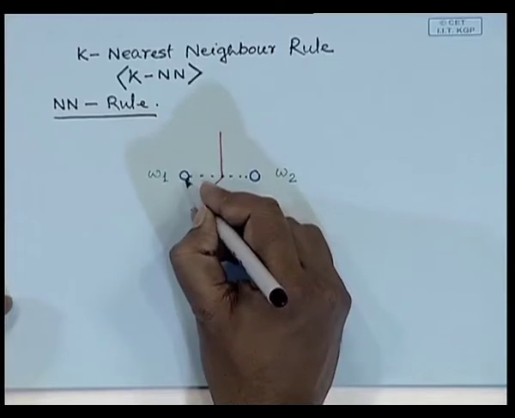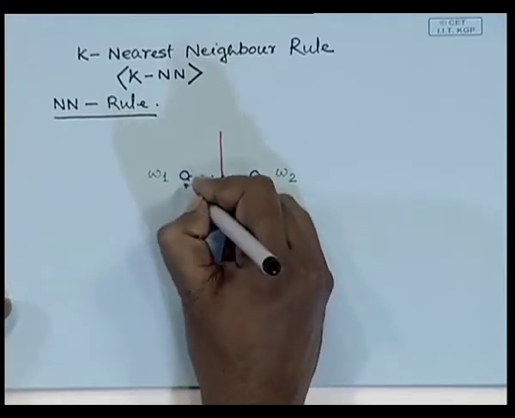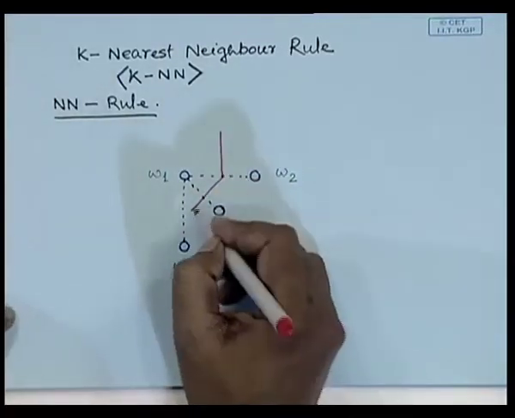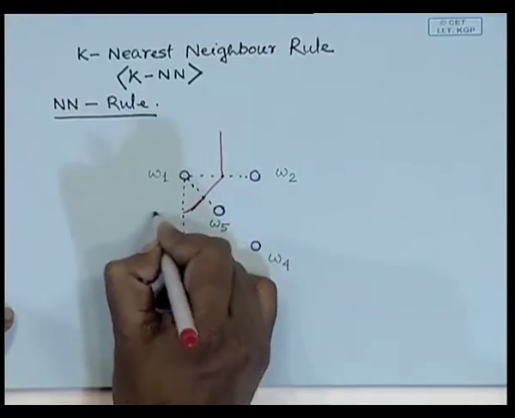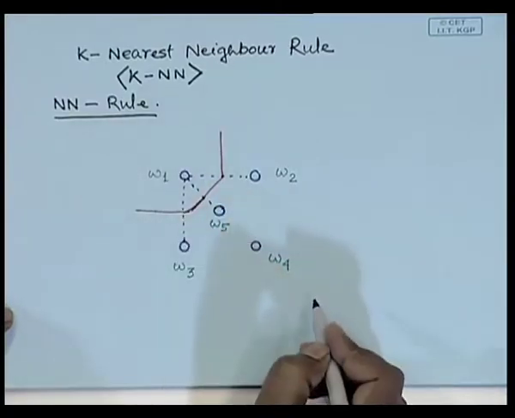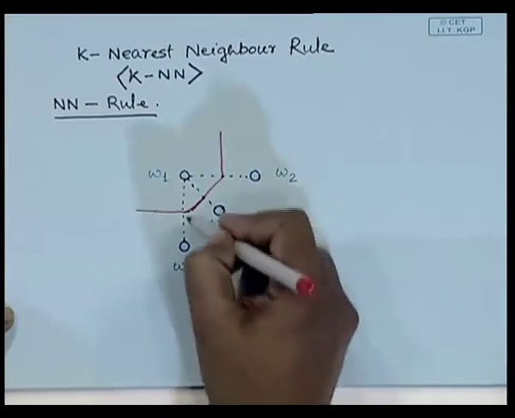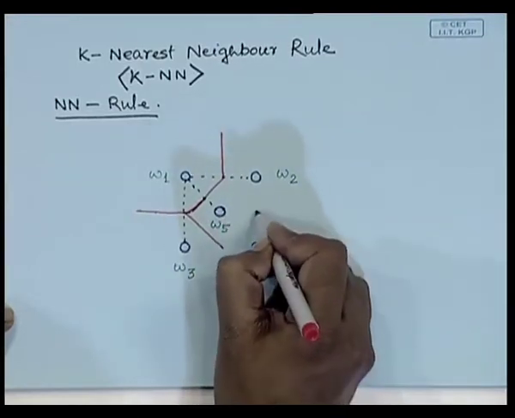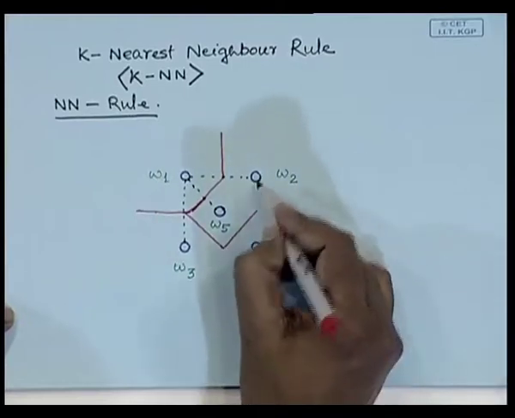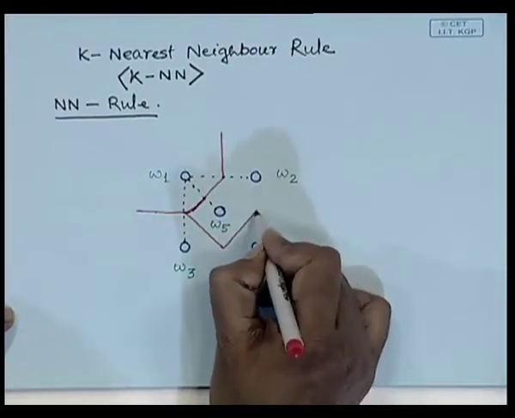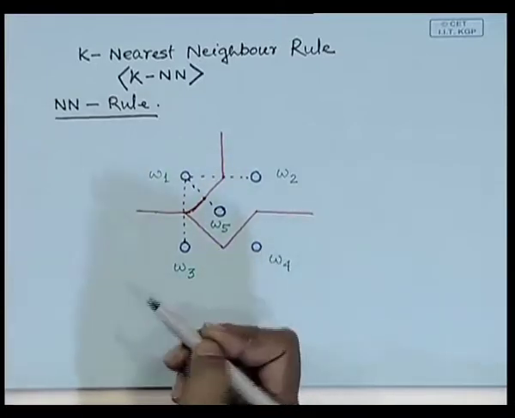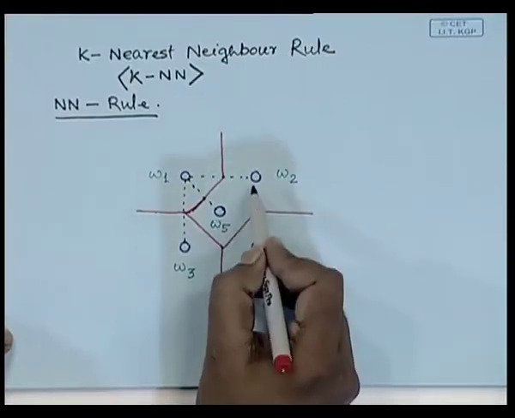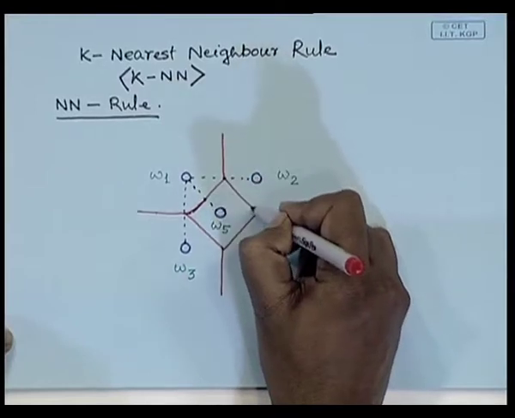Similarly, the decision boundary between classes omega 1 and omega 3 will be the orthogonal bisector of this line. So, it will be something like this. In the same manner, the decision boundary between omega 3 and omega 5 will be this, between omega 5 and omega 4 it will be this, between omega 2 and omega 4 it will be this, between omega 3 and omega 4 it will be this, and between omega 2 and omega 5 it will be like this.